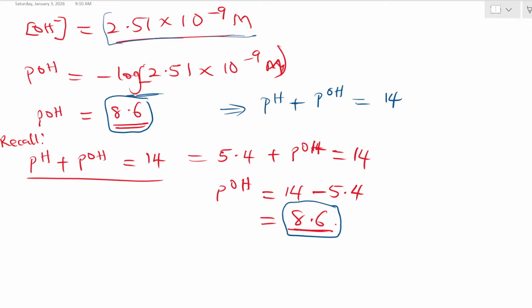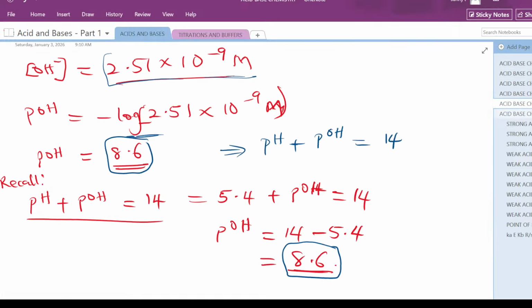So the next is to talk about, of course, the pH scale. 0 to 7 is acidic, 7 is neutral, and 7 to 14 is basic solution, different solutions that you measure pH with.